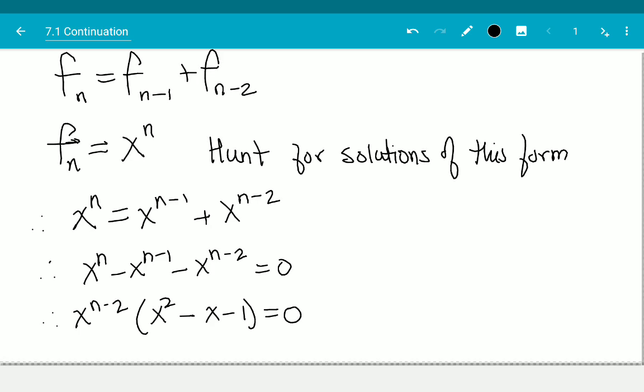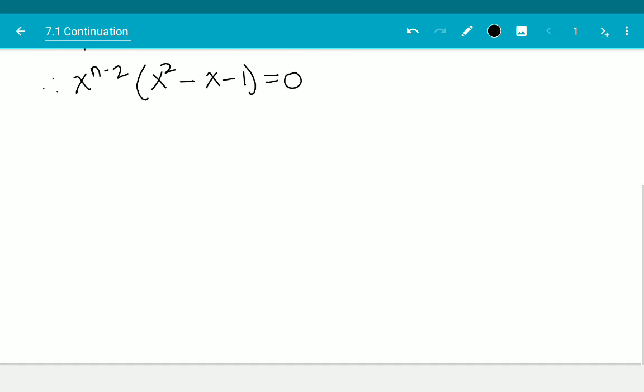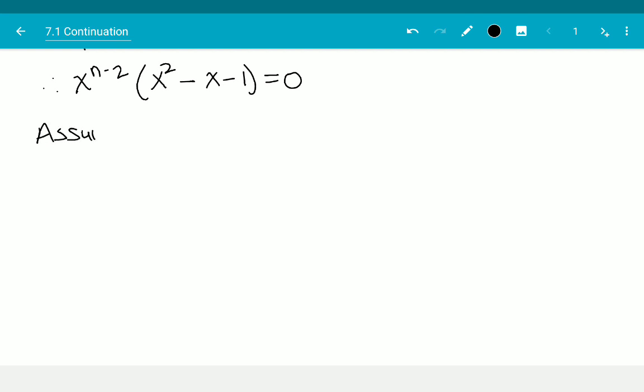Now, this means that either x is equal to 0 or x^2 - x - 1 is equal to 0. So assume x is not equal to 0, then x^2 - x - 1 is equal to 0.